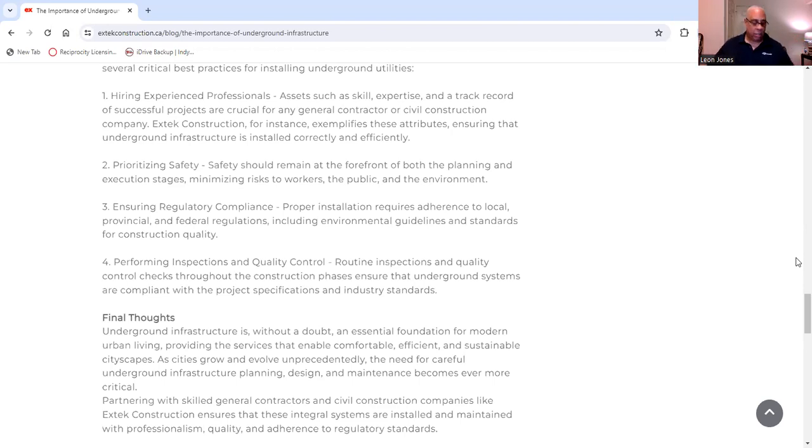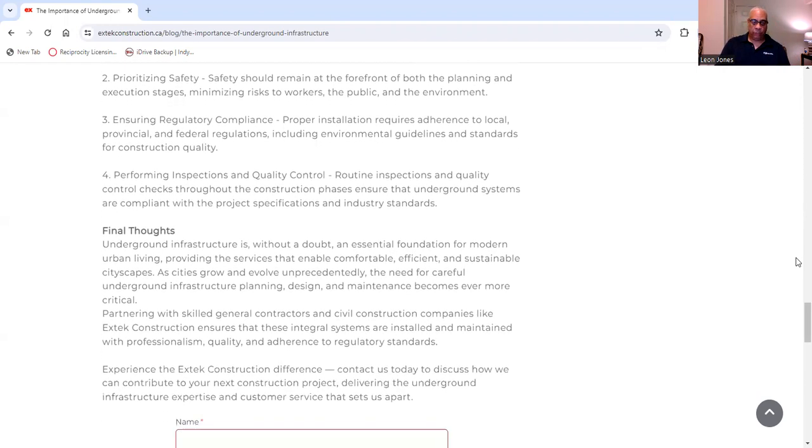Is the construction, is this underground infrastructure that you just installed going to function properly? You must understand that routine inspections and quality control checks throughout the construction phases ensure that the underground systems are compliant with the project specifications and industry standards.